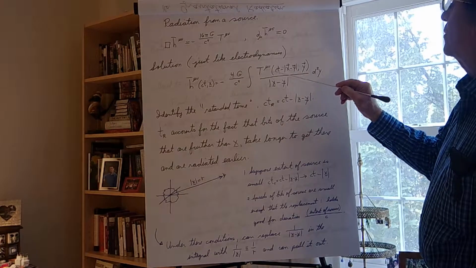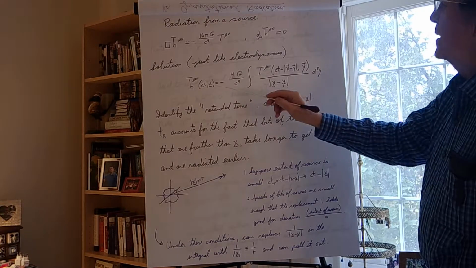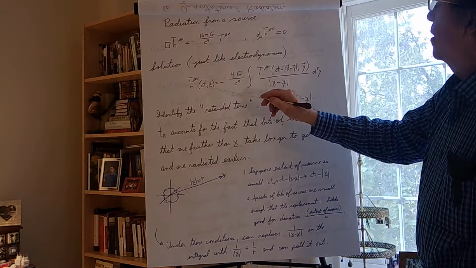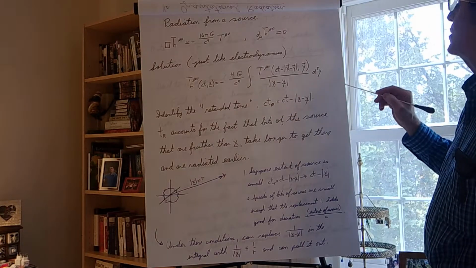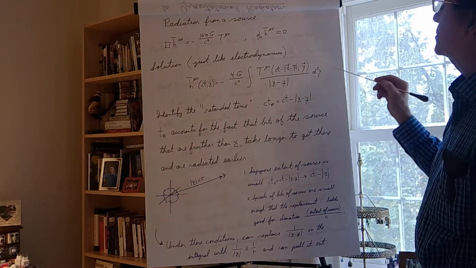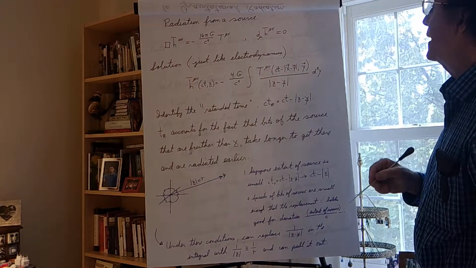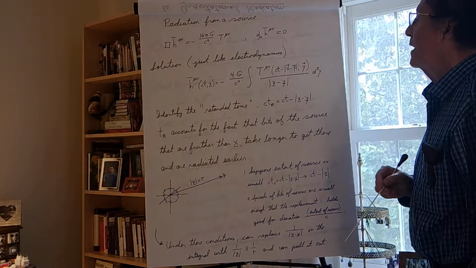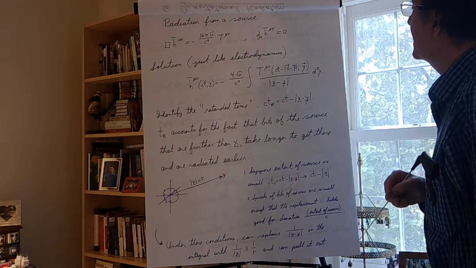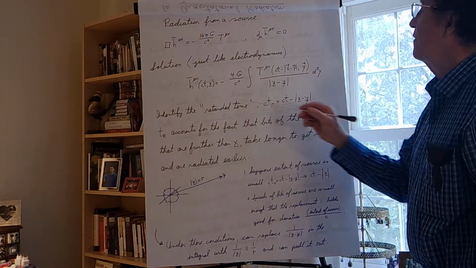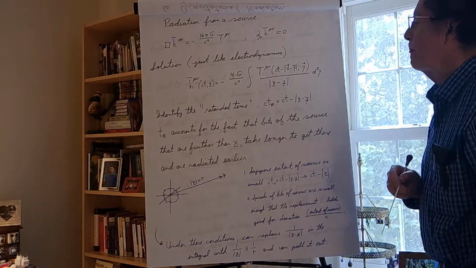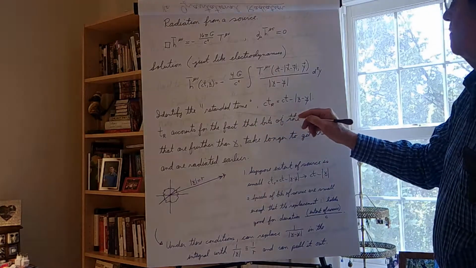So if I specify a time over here, then different parts of the source radiate at different times to accommodate the fact that it's the distance x minus y that's between the point of radiation and the point of observation, and y is moving about. So I identify the retarded time.